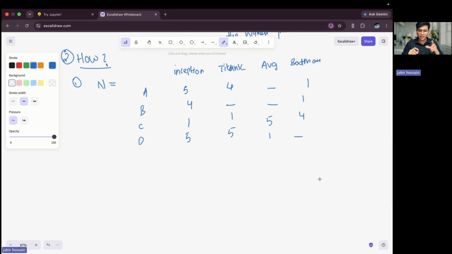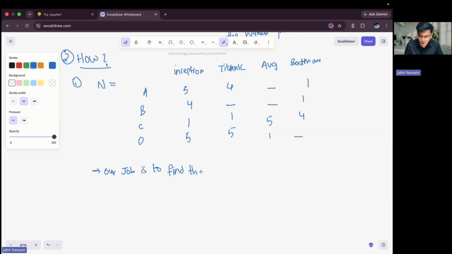Now let me write it here. I'm repeating the problem statement again, but our job is to find the blank values.